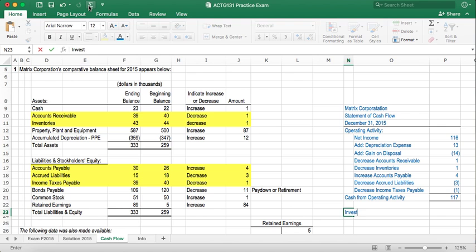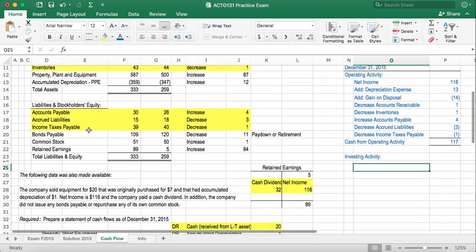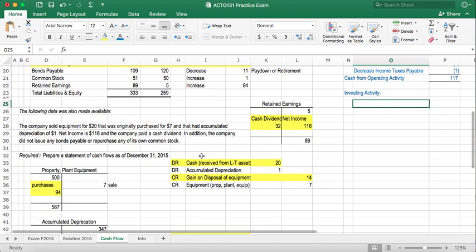Now we're going to put in our investing activity. And remember, I said that was all the activity for property, plant, and equipment. So here's property, plant, and equipment.